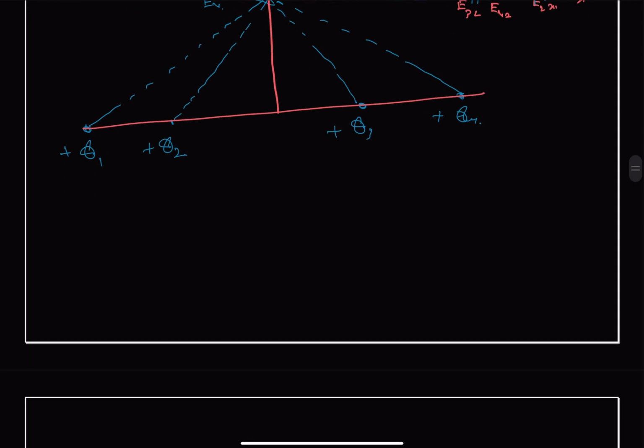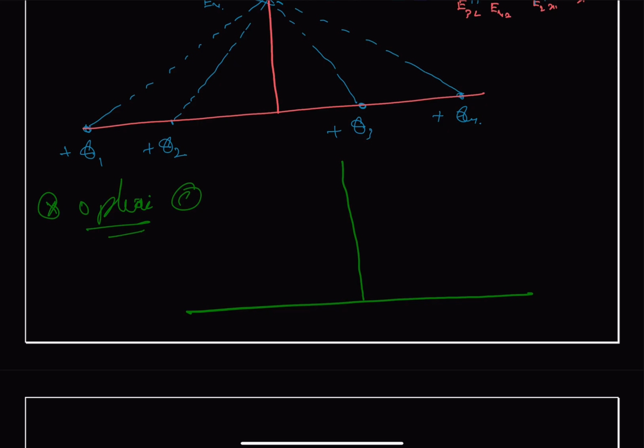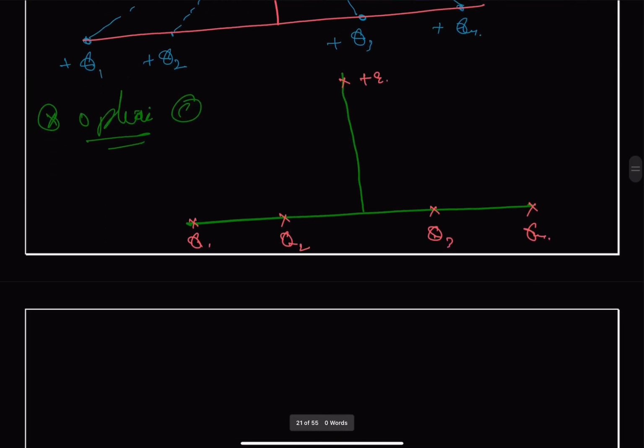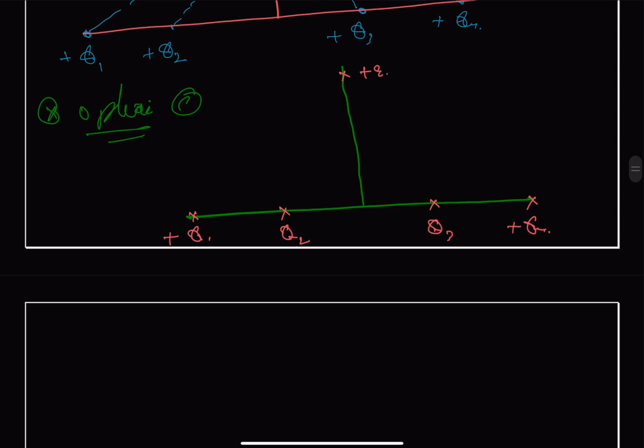Let's directly solve for option C. We have this as our Q1, Q2, Q3 and Q4, and this is our plus Q. It says that Q1 and Q4 are positive, so this is positive, Q4 is also positive, and the other two are negative.